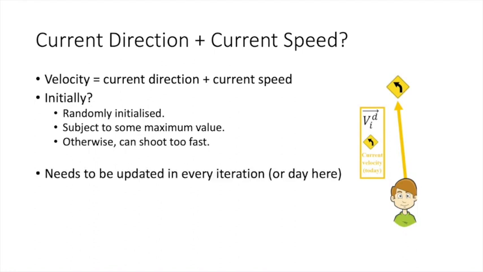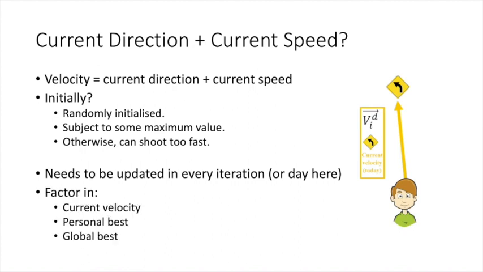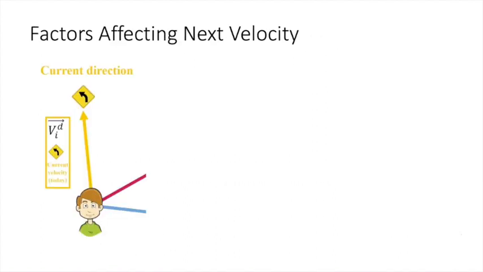Now, in subsequent iterations, when we recombine with other information, we generate new velocity, and that in turn determines our next location. So we generate the new velocity by using the present velocity, the personal best, and the information about the global best.